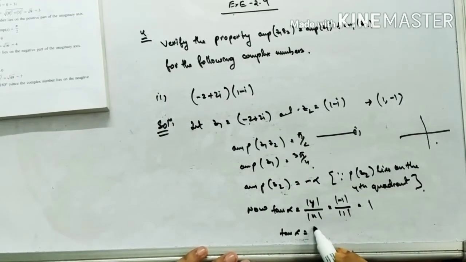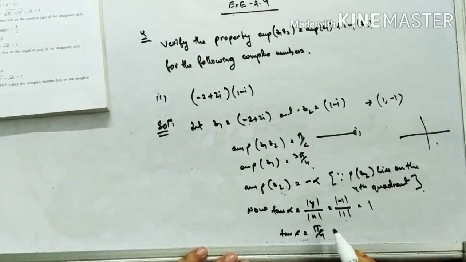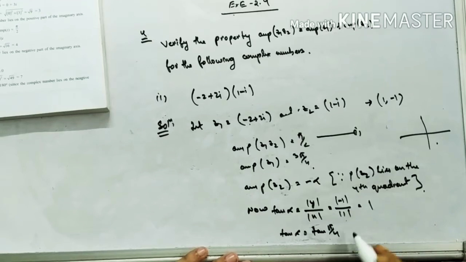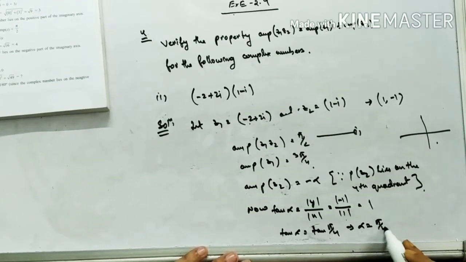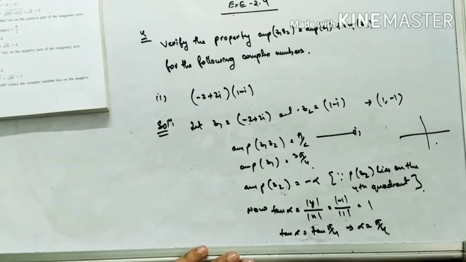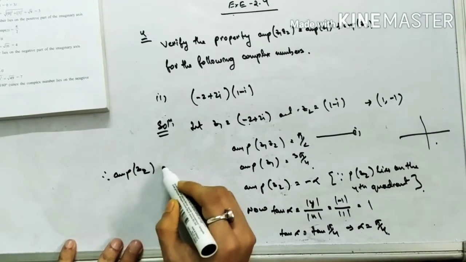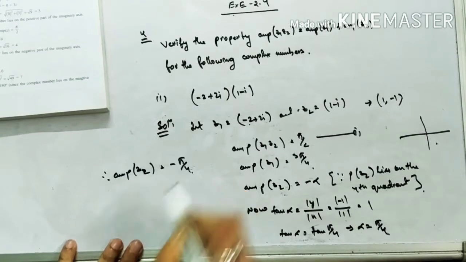So tan alpha is tan pi by 4, so therefore alpha is equal to pi by 4. Alpha value I got. So therefore amplitude Z2 is equal to minus pi by 4.